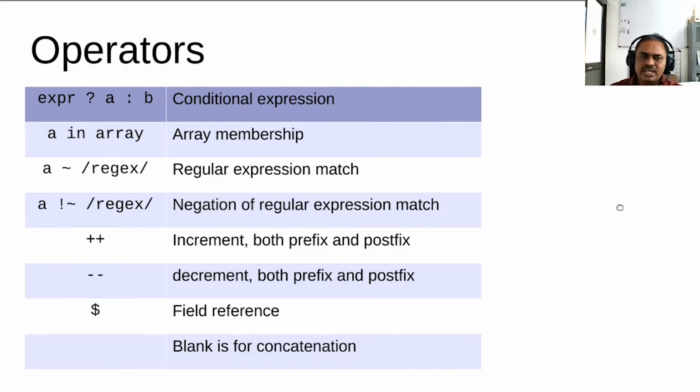And of course, a dollar is for referencing a particular field, which is coming from the inbuilt variables. And another special operator is a blank space. So if you have two variables separated by a blank, then it will be interpreted as you wanting to concatenate those two strings. And in case you add 0 to a string, then the string will be interpreted as a number while assigning it to the left hand side.